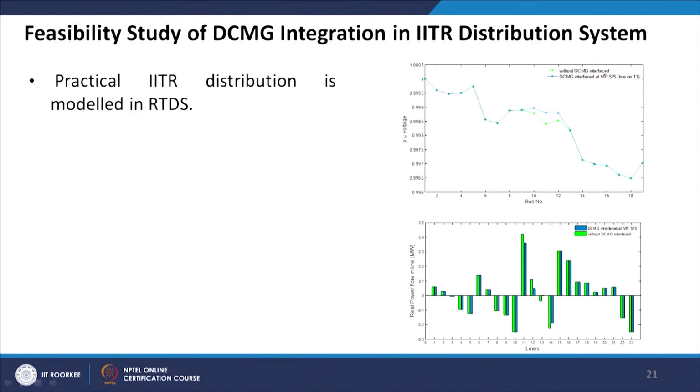You can see, without the DC microgrid and with the DC microgrid interfaced, the different voltages at different buses of the network, and it has been felt that having the DC microgrid interfaced, we can certainly improve the voltage profile of the system.